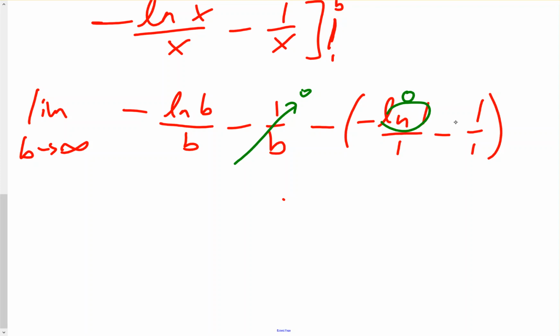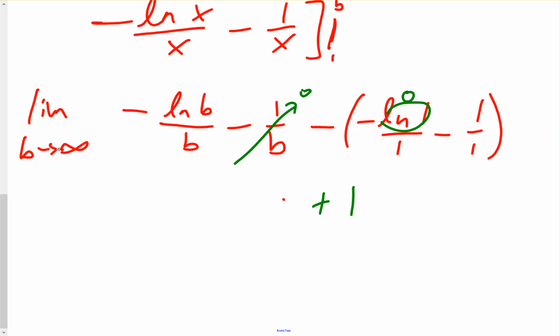Now inside here we have this minus 1, so if we have minus of a minus 1, we get a plus 1 there. And then the only thing left is here, this negative ln b over b.